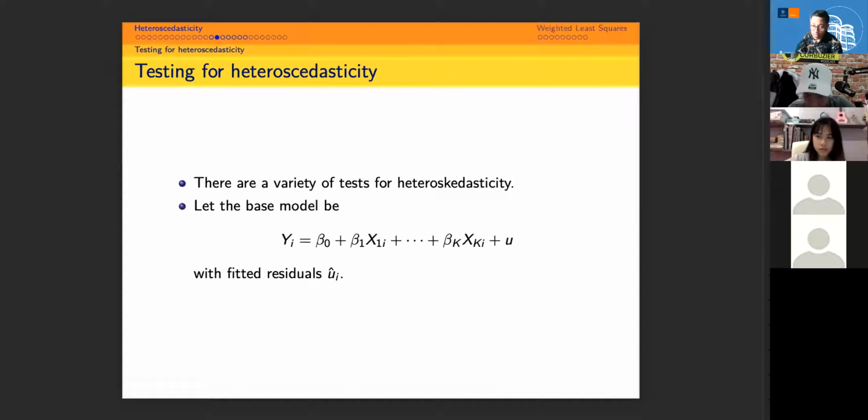Okay. So let the base model be y, a function of explanatory variables x1, x2 until xk. Basically you can have as many relevant control variables as you can get from the data. Now, after you regress the base model, you're going to calculate the residual, and then we're going to use that residual to identify heteroskedasticity.